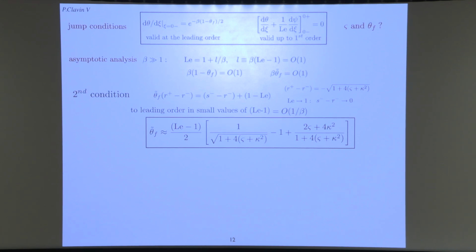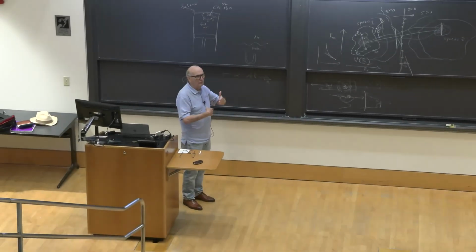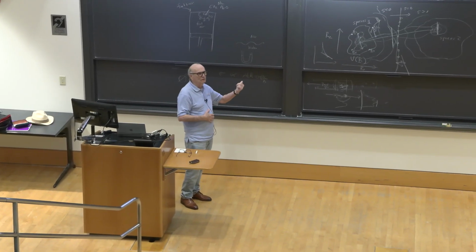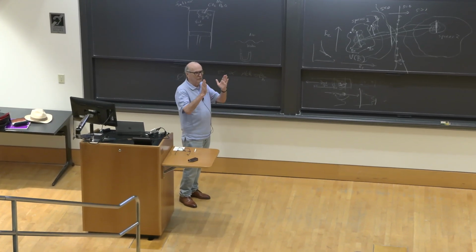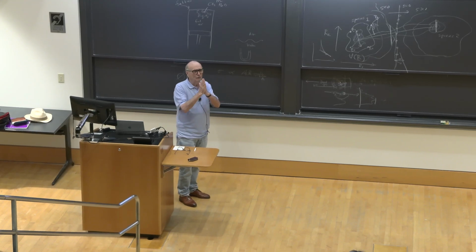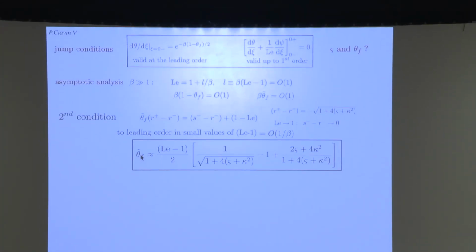And now you understand why I am looking to a Lewis number close to unity in such a way that this term should be of order 1 over beta in such a way that the modification of the flame temperature is of order unity when beta goes to infinity. That is when the reaction sheet thickness is going to 0. This is for the flame temperature.